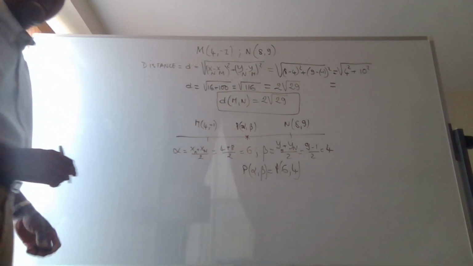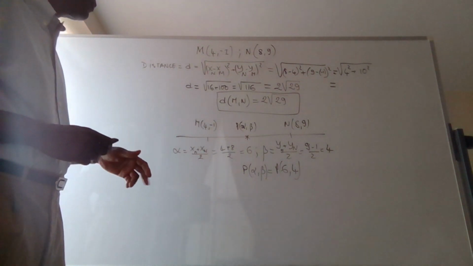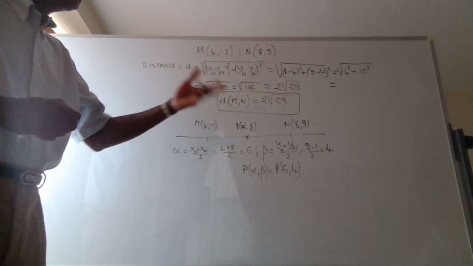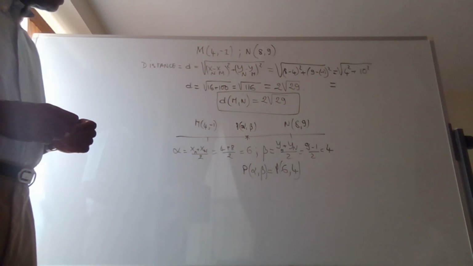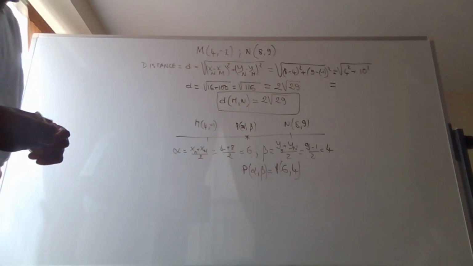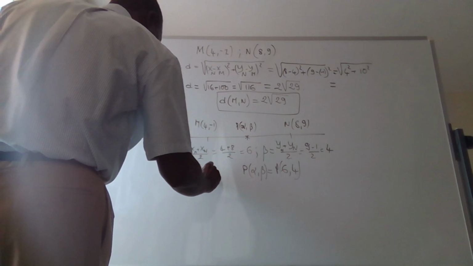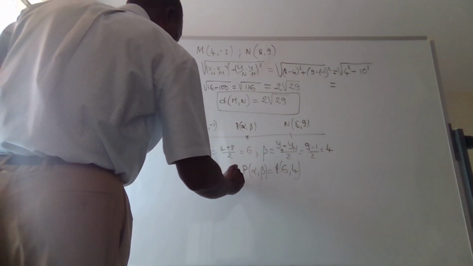Okay. And then to verify that P is the midpoint, you can compute the distance MP and the distance PN and show that distance MP plus distance PN equals distance MN. So we know distance MN equals 2 square root of 29.